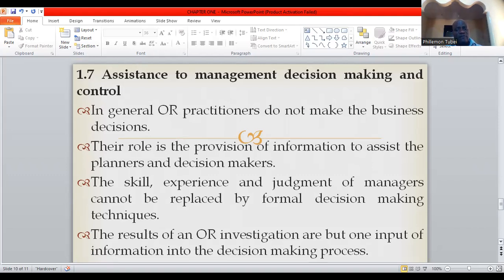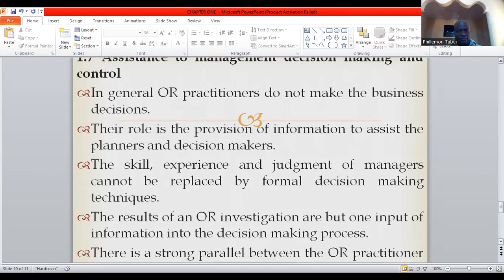Their role is the provision of information to assist the planners and decision makers, because operation research practitioners generate data, which will then be used by business decision makers to make business decisions.